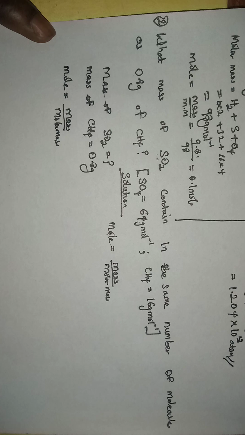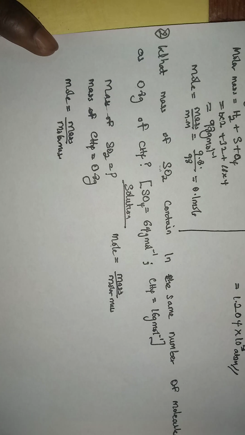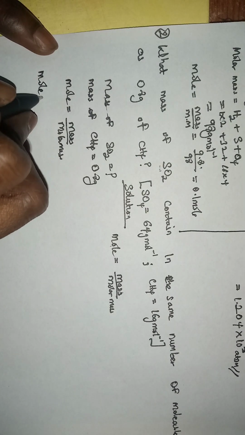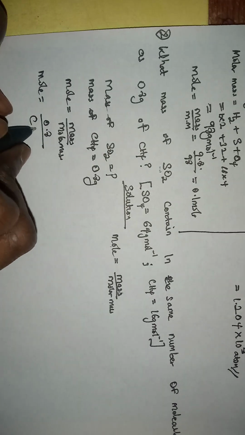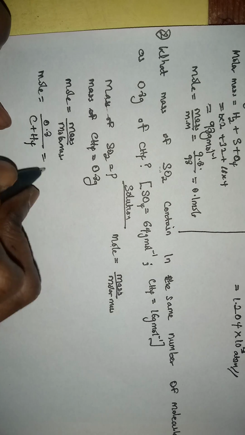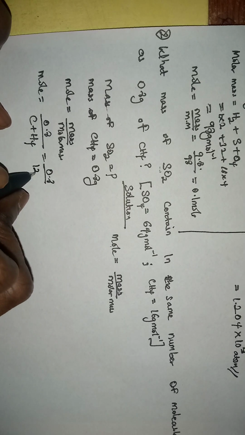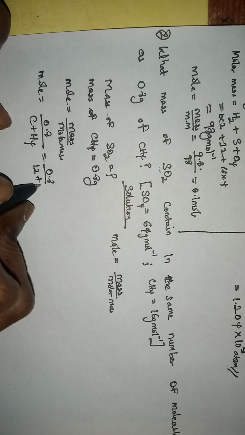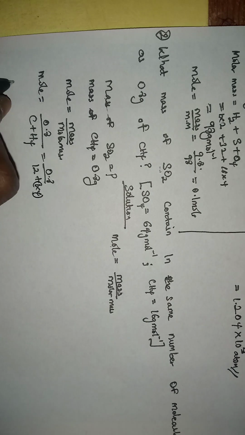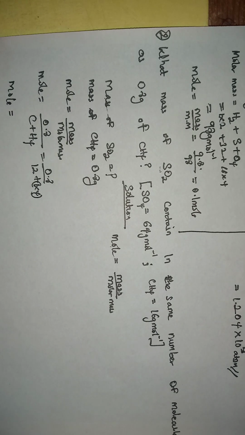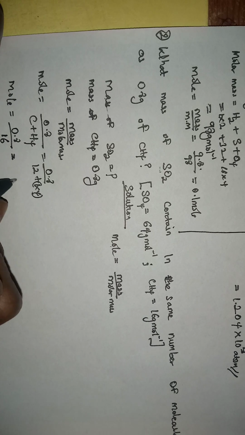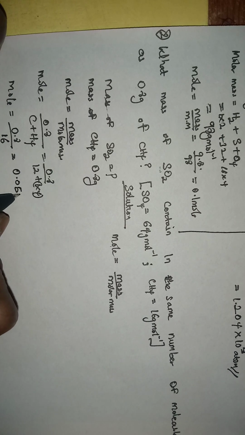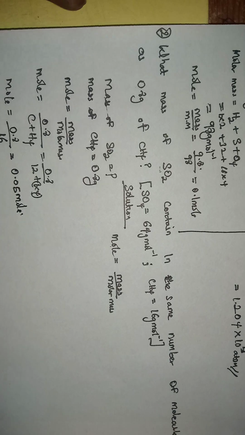The mass of CH4 that we have is 0.8. The molar mass of CH4, that's carbon plus H4, carbon is 12, right, plus 1 multiplied by 4. So mole will be equal to 0.8 divided by 16. You're going to have 0.05 mole.